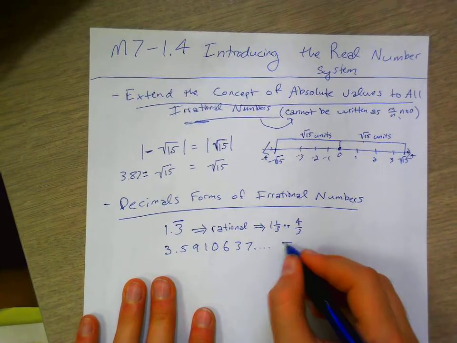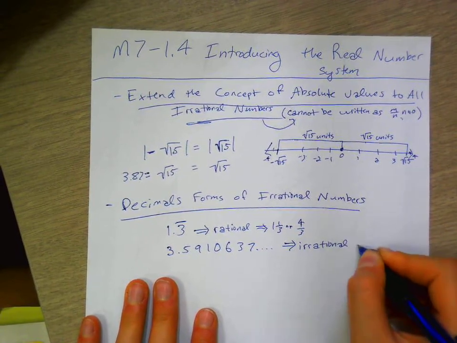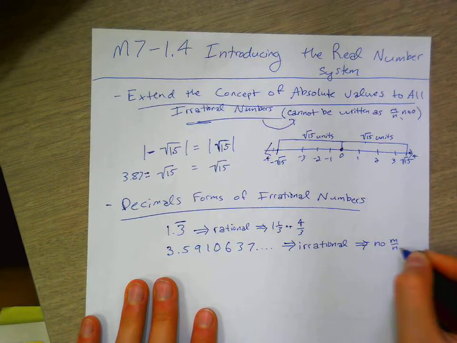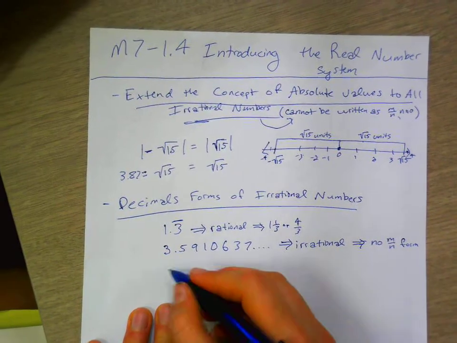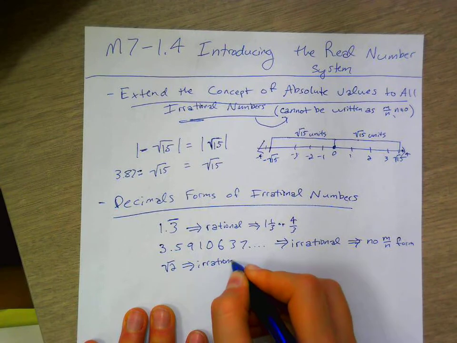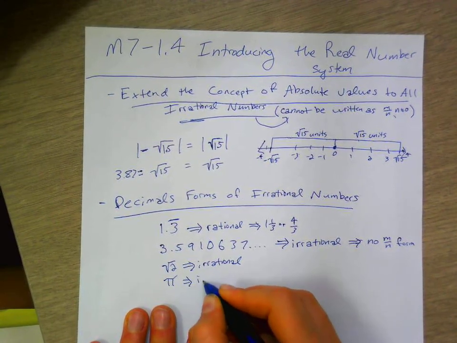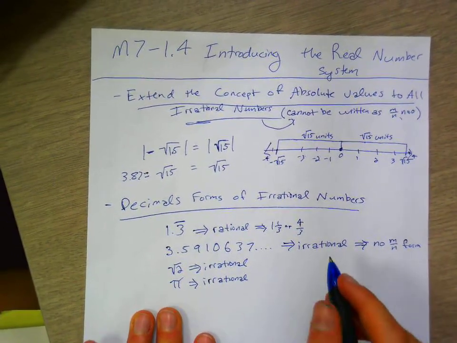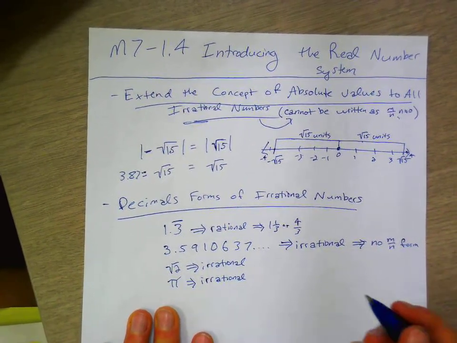That would be irrational. So therefore, it cannot be written in m over n form. The square root of 2 is irrational. Pi is irrational. We know that pi is 3.1415926.5. These are just examples.